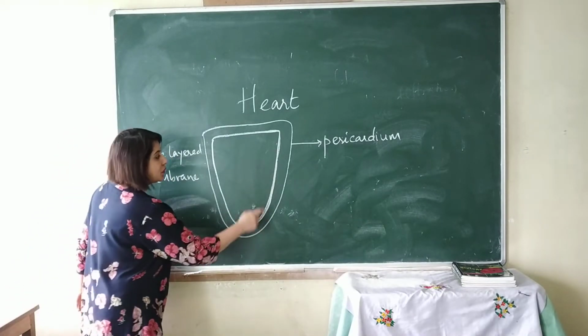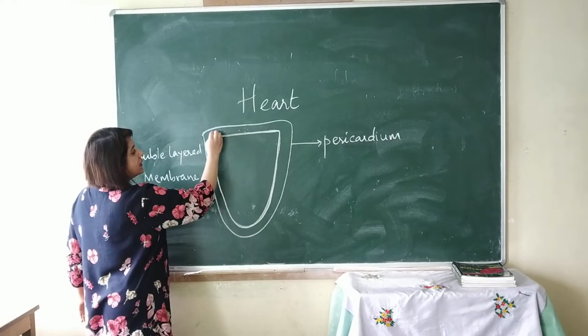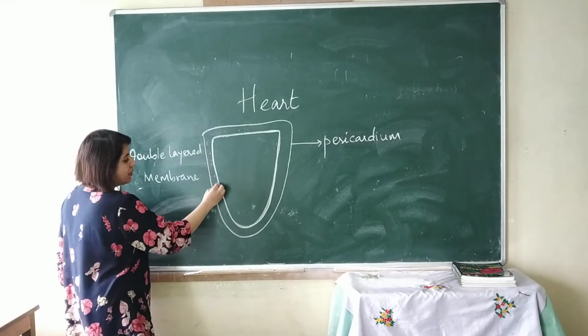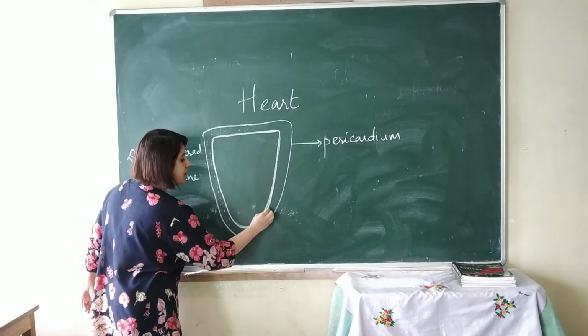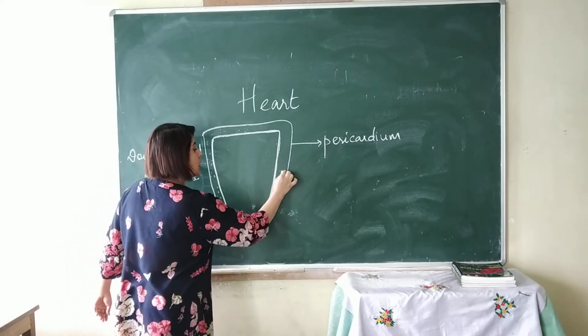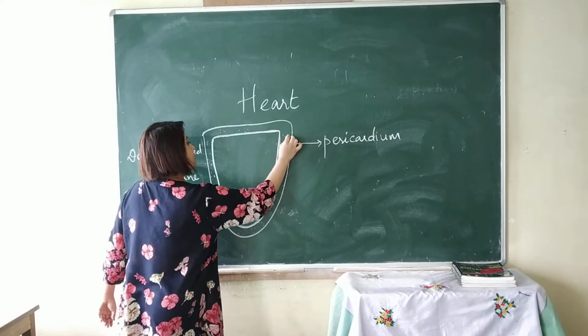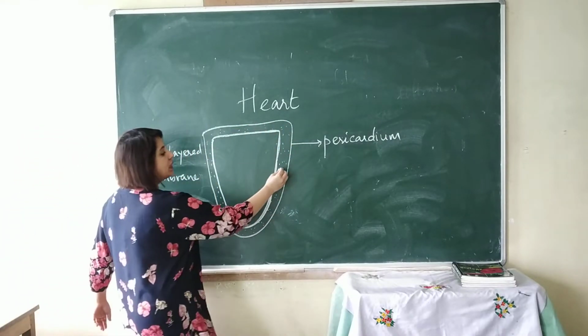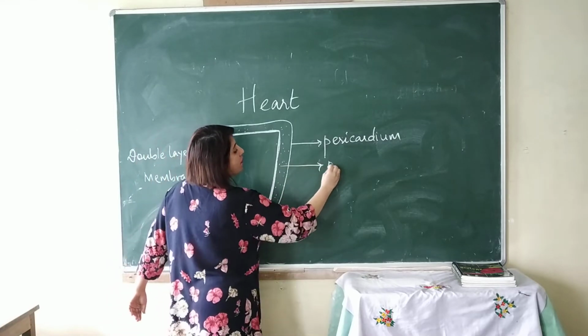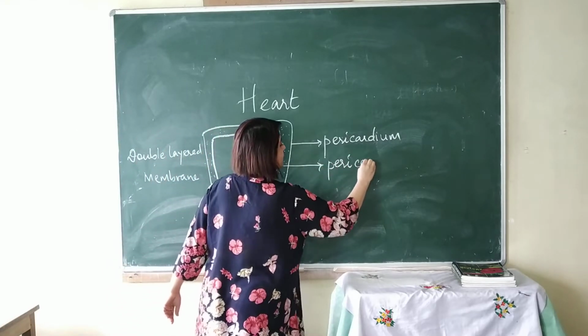Now, there's a gap between the membranes. This gap between the two membranes of the pericardium is filled by a fluid. Fluid is a liquid. Okay? It is filled by a fluid, and this fluid is called the pericardial fluid.